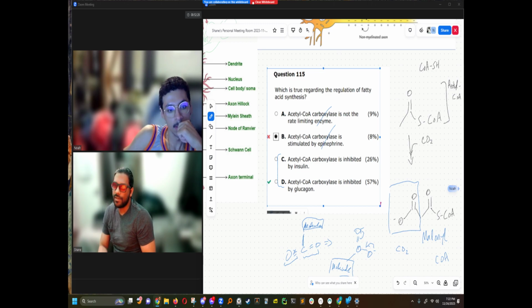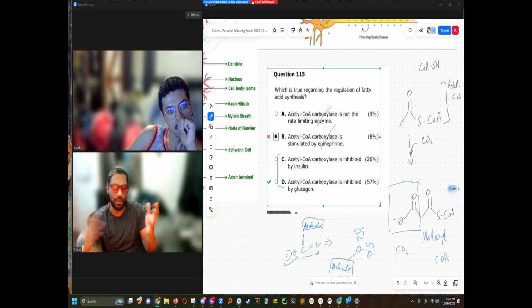Got it. There's fats, there's proteins, there's complex carbohydrates, but the most important thing is glucose, right? And we talked about how other things, proteins and fats, can turn into glucose.